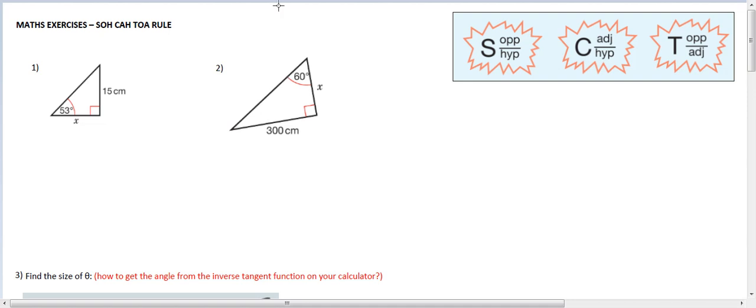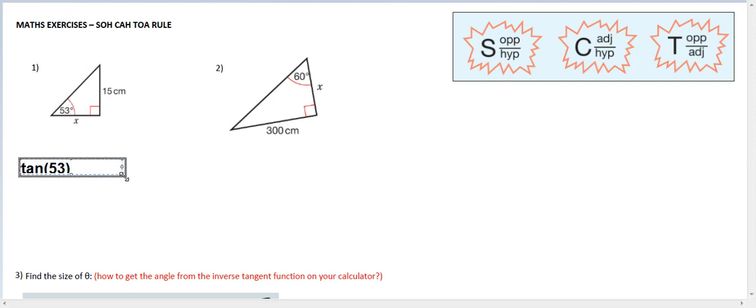So let's start. Here the angle is 53, so the tangent of 53. You can use brackets here, maybe it's going to be clearer to solve the exercise. The tangent of 53 is going to be equal to the opposite side over the adjacent side.